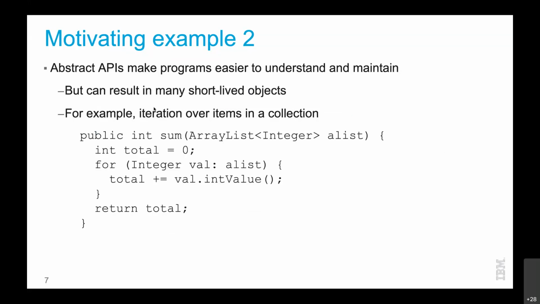So here we've got an array list that we're iterating over. The array list contains integer objects. We're iterating over them and extracting each value and computing the sum of them.